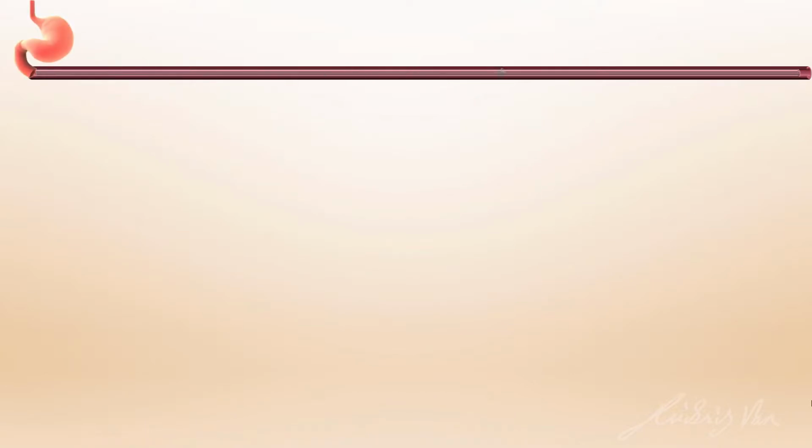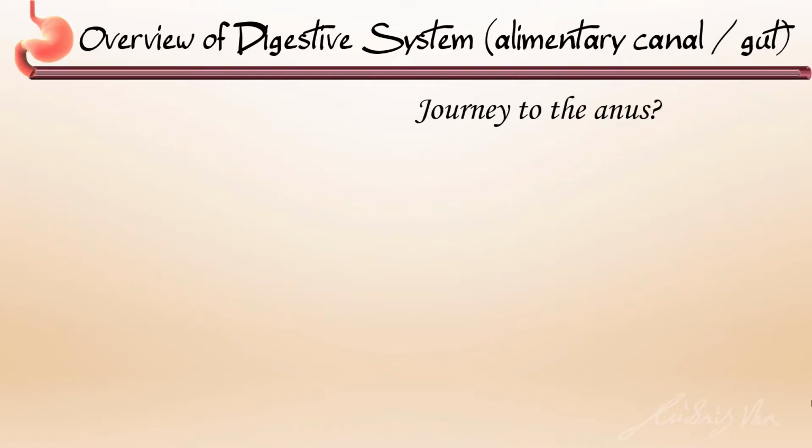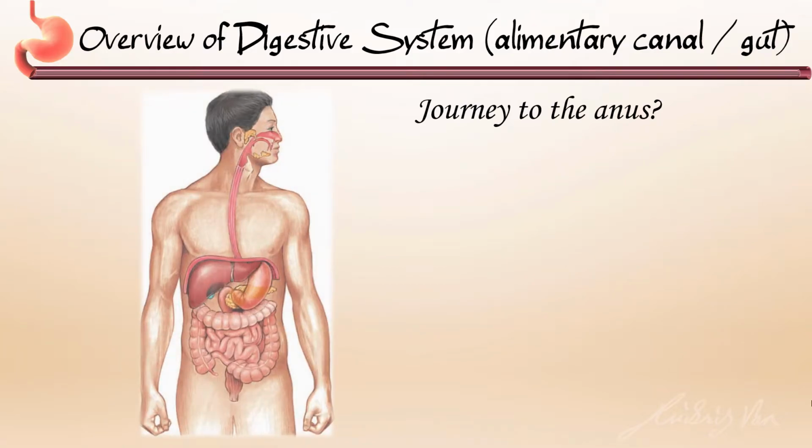I will start off the lesson by asking, is nutrition in human a journey to the anus? Or is it a journey to the cells? So think about it. The food that we eat, the nutrients that we obtain, does it go into our body?